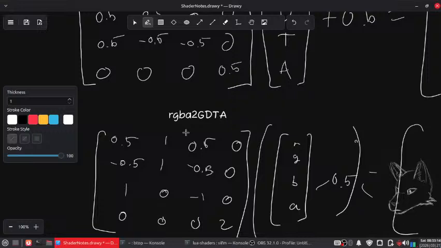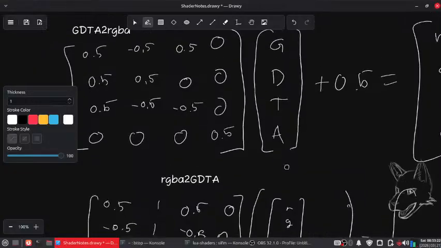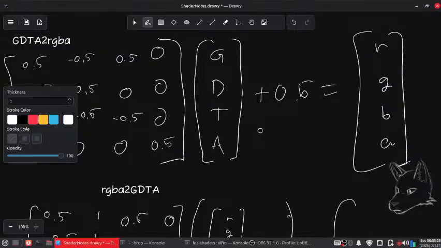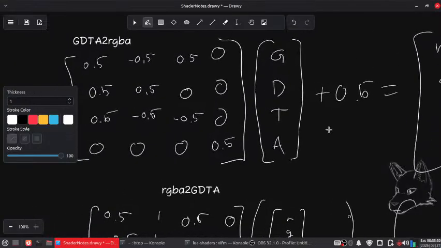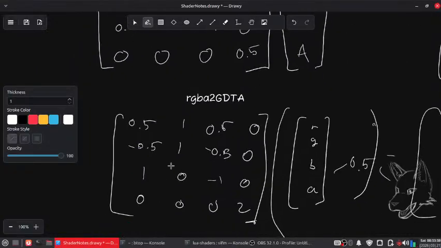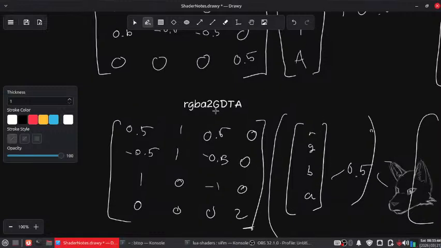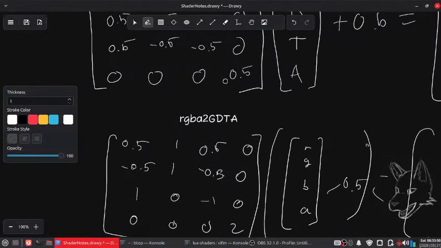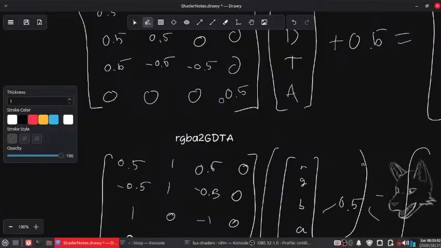If we say that pure green is halfway up the gradient, then what would that even look like? Because this makes sense here, right? This makes sense, but this doesn't. Because red should be 0.5.